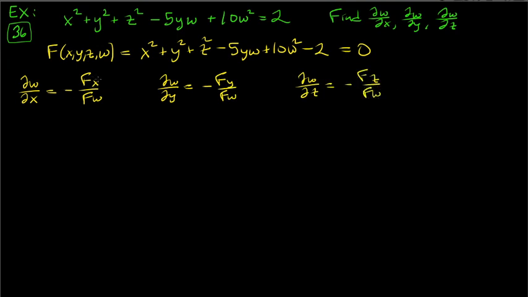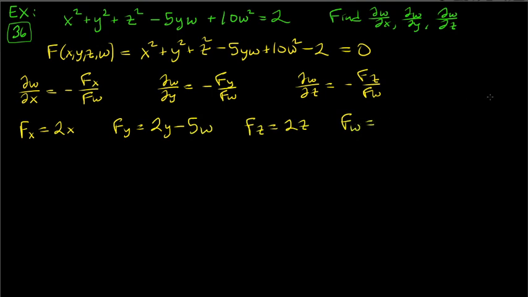So we need 4 partial derivatives here. First, with respect to x, you just get 2x. With respect to y, you get 2y minus 5w. With respect to z, it's just 2z.